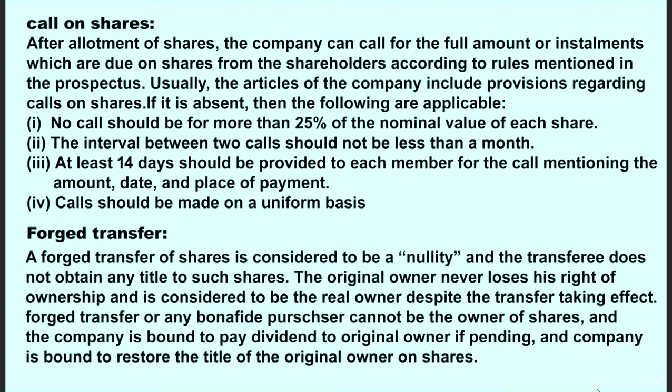The remaining 50 rupees the company can collect from the person holding the share, on calls that may be fixed by the prospectus or articles of the company. The procedures are fixed by the prospectus or articles of the company.